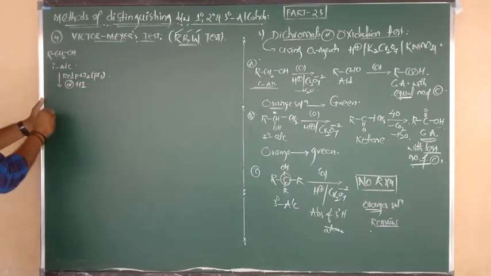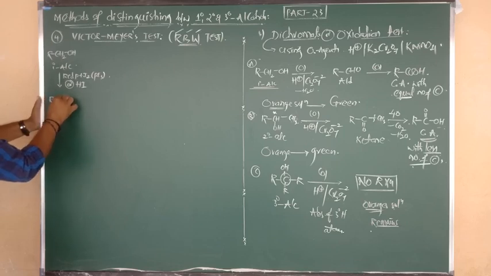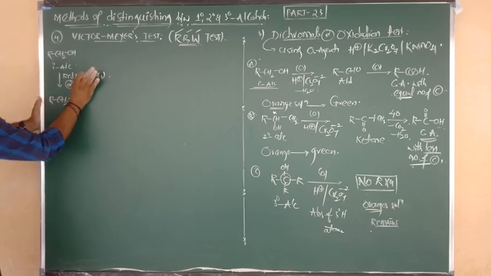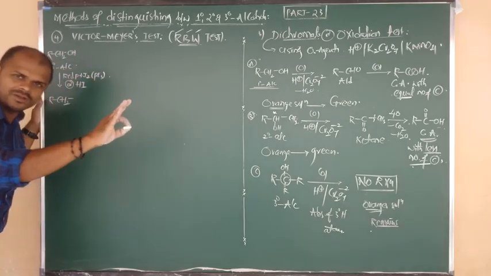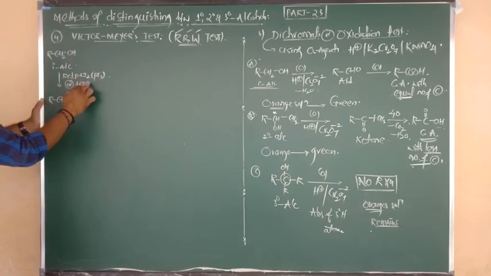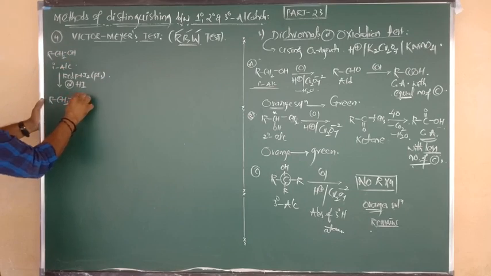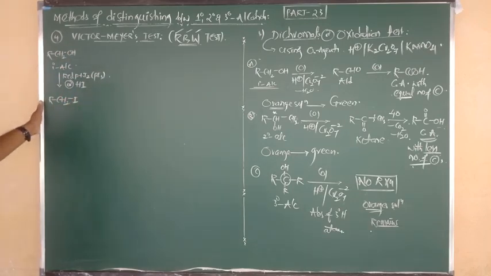Let me show the formula. R bonded to CH2, CH2 bonded to OH combines with H and is removed in the form of H2O. The OH minus is replaced by I minus. This is nothing but a nucleophilic substitution reaction.